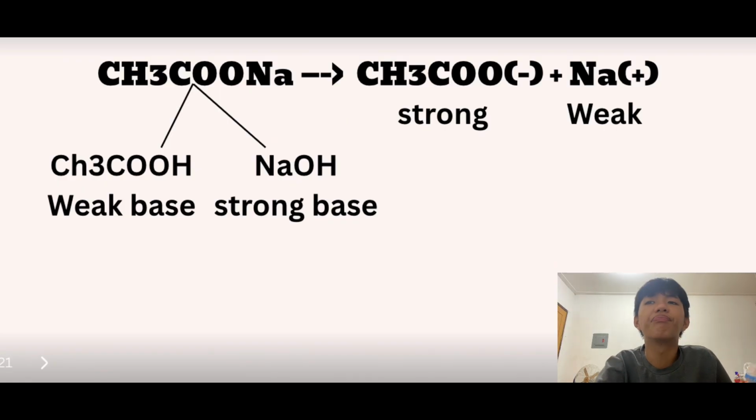So yes, we base on that. But remember what I said: a weak acid will always give rise to a strong conjugate base. So based on the dissociation or ionization, it should be strong. So it is the opposite: a strong acid will always give rise to a weak conjugate base. So with NaOH, a strong base or strong acid, upon dissociation or ionization it becomes a weak acid.